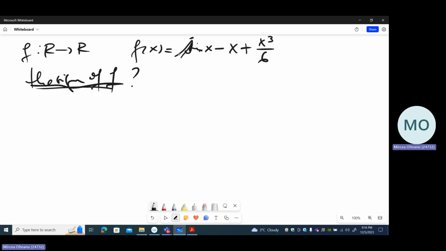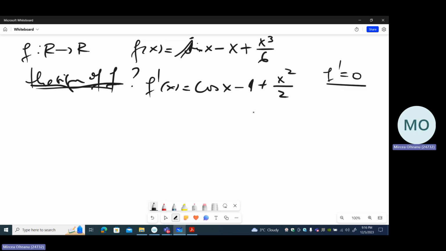Instead, we shall try to use the derivative. Now, the derivative of the function is cosine of x minus 1 plus x squared over 2. And unfortunately, the derivative is useless simply because we cannot solve the equation f prime equals 0.